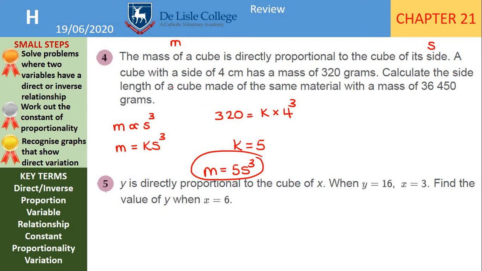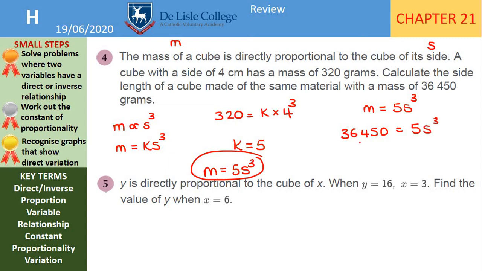Now I can use that to work out what it wants me to do in the question. It asks me to calculate the side length, so I want s, of a cube made of the same material with a mass of 36,450 grams. So let's write out my formula and replace the mass with 36,450.